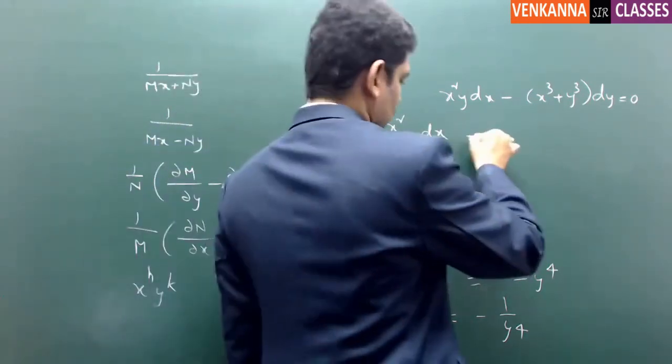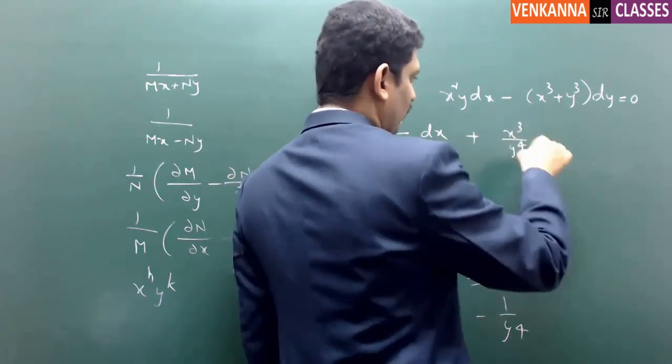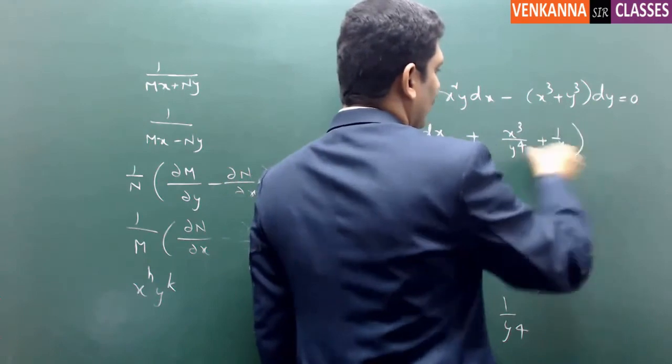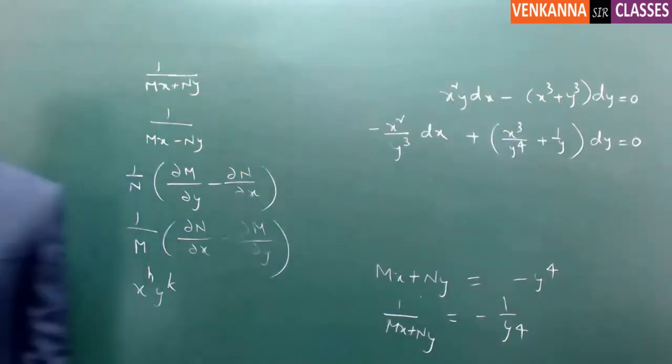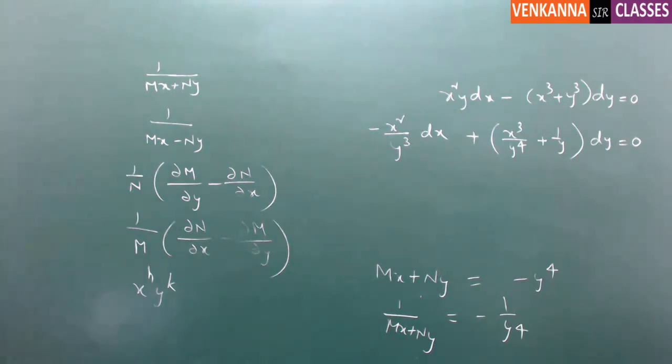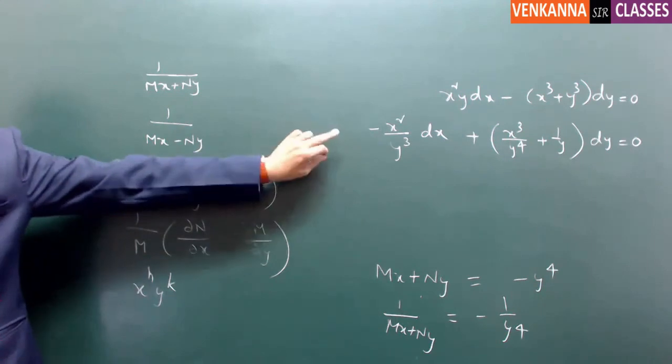plus x cube by y power 4 plus 1 by y of dy equal to 0. So on multiplying with the integrating factor, this is the thing. Now what happens?